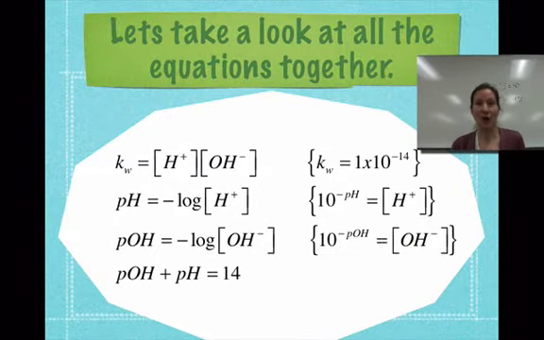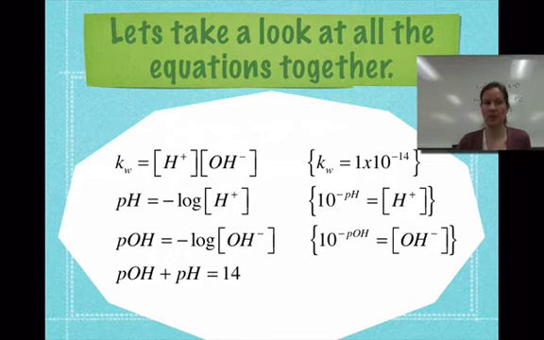So here is really all your equations so far just dealing with pH. Okay, we have a Kw relationship that relates H+ and OH-. And then we have a pH-pOH relationship that relates H+ and OH-. Keep an eye on those two equations, Kw and that pH-pOH. Those are your two equations that relate H+ and OH-. They're going to allow you to convert from one to the other in order to solve problems.